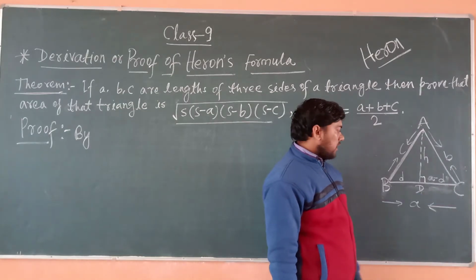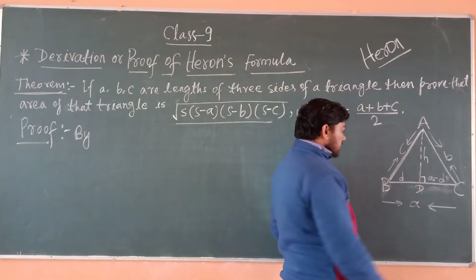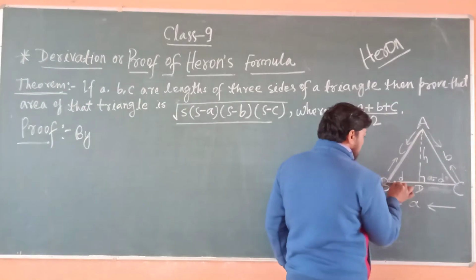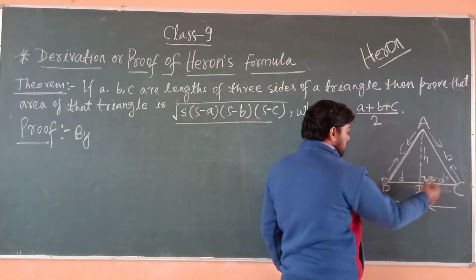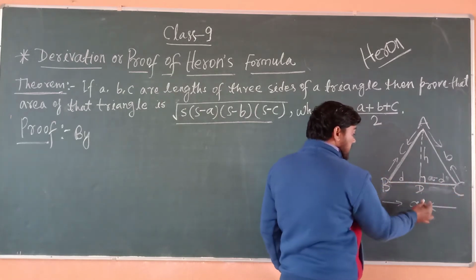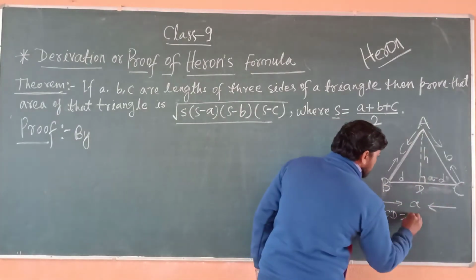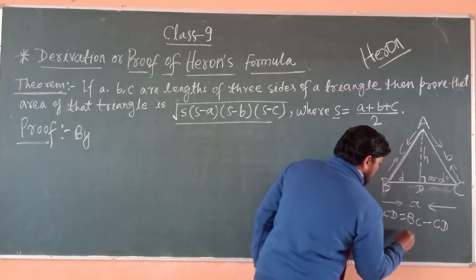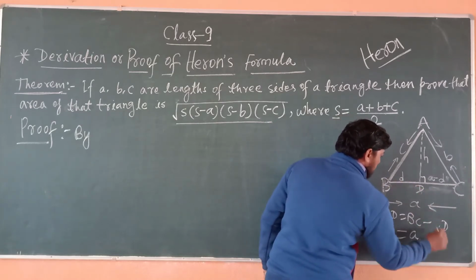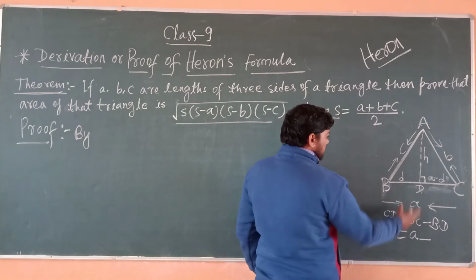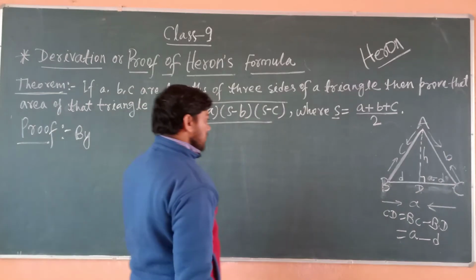Both triangles are right angle, so we can use Pythagoras theorem here. Suppose the length of BD is a small d, so the length of CD will be a minus d, because the length of BC is a and the length of BD is d. So the length of CD will be a minus d.